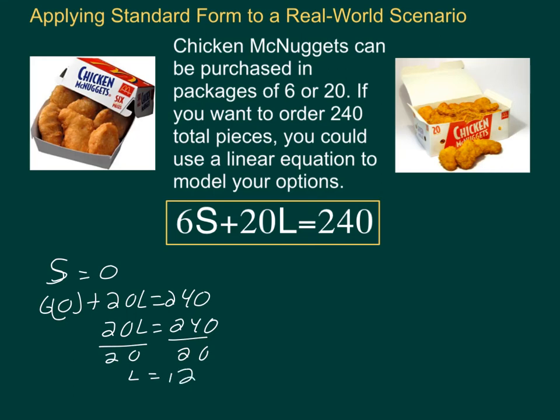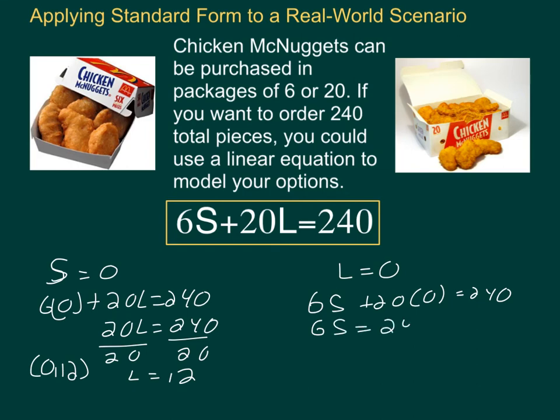And so that's going to give me an ordered pair. I'll put the 0 first. That'll give me 0, 12 as an ordered pair. And I'll find the other intercept here by making l equal 0. That'll give me 6s plus 20 times 0 equals 240. The 20 times 0 basically disappears.